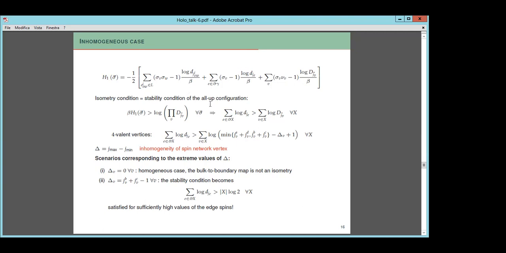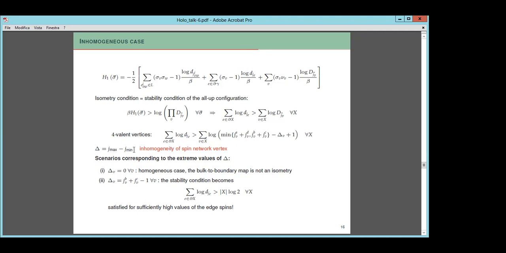So now we still can map the isometry condition to the requirement of stability of the all-up configuration, but in this case we rewrite the condition by introducing this delta parameter, which quantifies the inhomogeneity of the spin assignment to each vertex, because for each vertex this parameter is equal to the difference between the maximum and the minimum spin associated to that vertex.